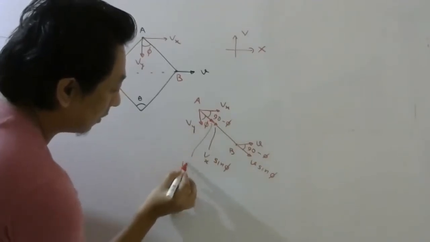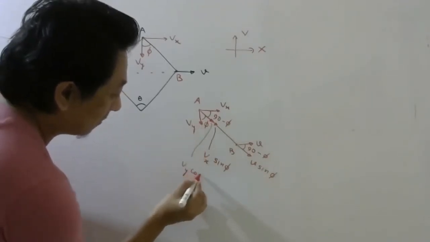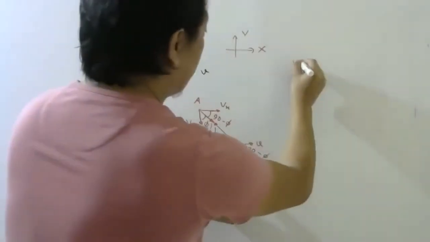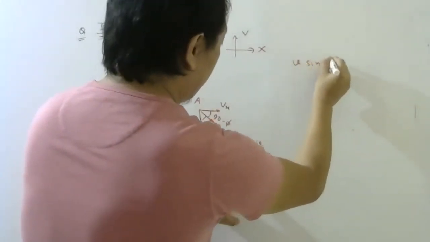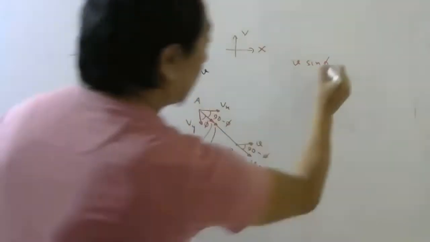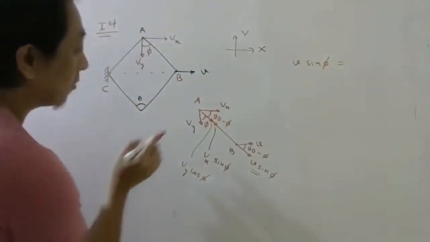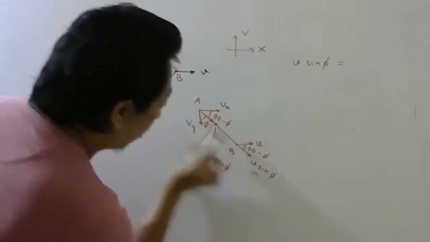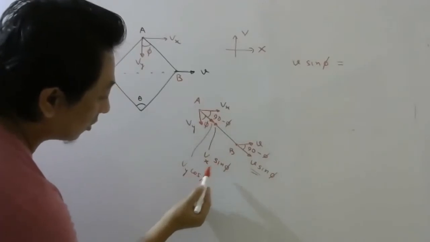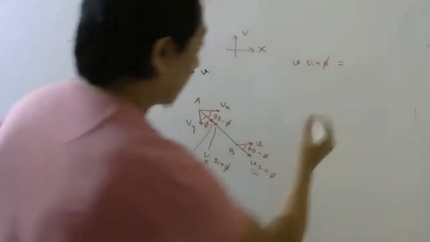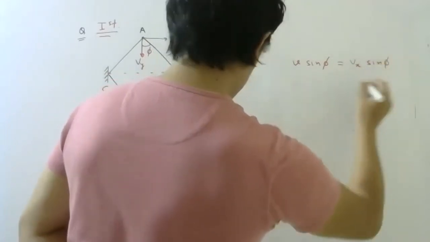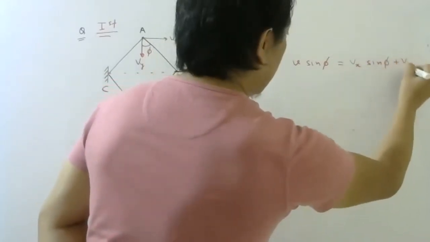That will be vy cos phi. So along the string, the velocity of this point along the string must be equal to the velocity of this point along the string. What is the velocity of this point along the string? This velocity plus this velocity: vx sin phi plus vy cos phi.